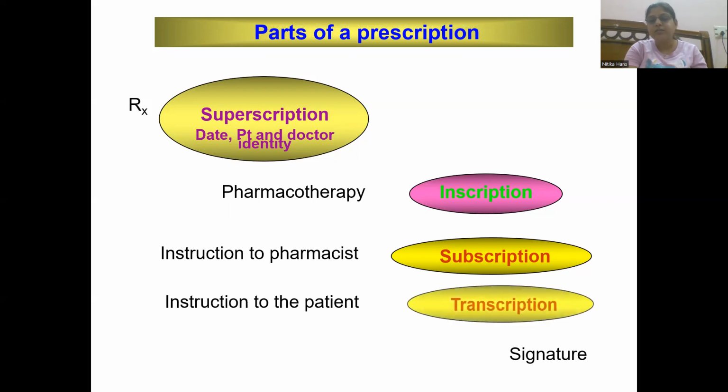Instruction to the patient is the transcription: take a cholesterol-free diet, sugar-free diet, oil-free diet, regular exercise, avoid smoking, alcohol, spicy food and caffeinated beverages. All these instructions to the patient come in the transcription part. And in the subscription again, it is the instruction to the pharmacist, the signature of the doctor and the date.